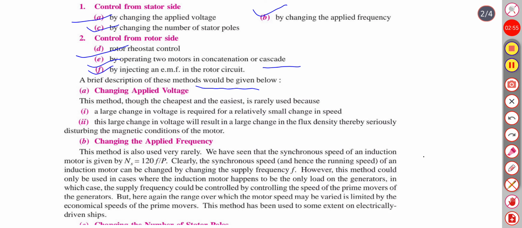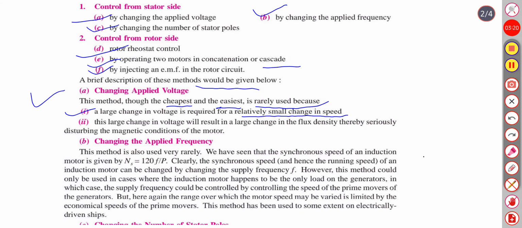First we will see changing the applied voltage. It is the cheapest and easiest method, but is rarely used because a large change in voltage is required for a relatively small change in speed.